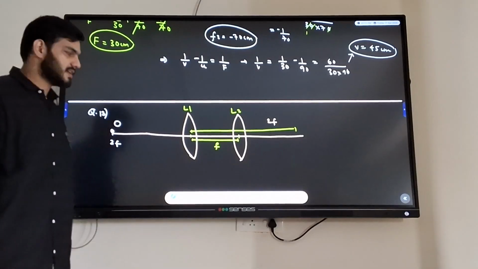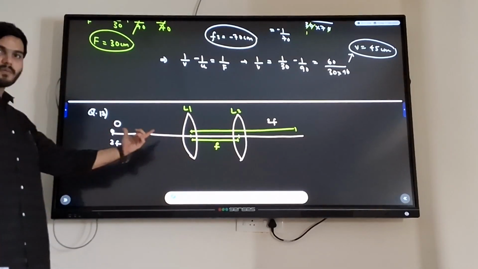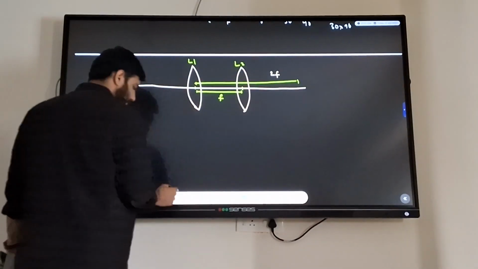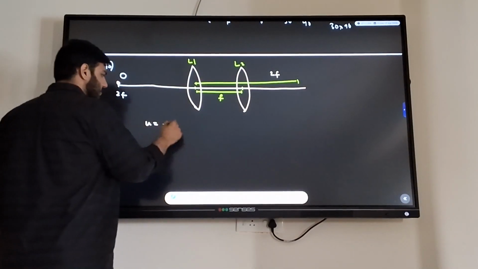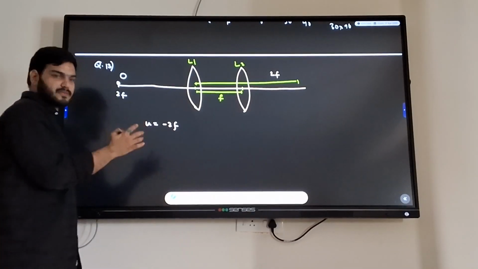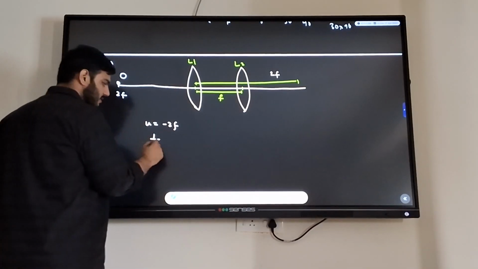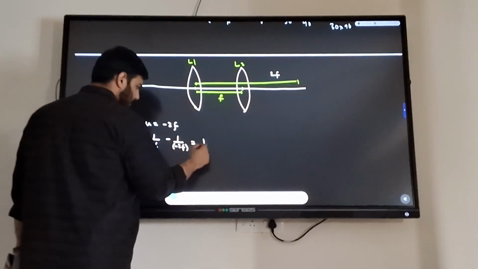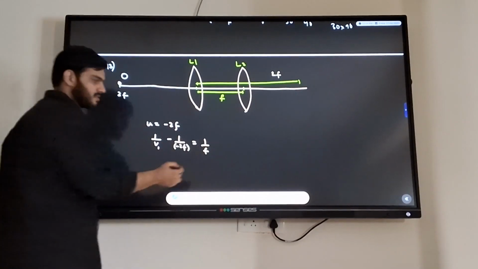Same story every time. What is my object distance for L1? U equal to minus 2F for L1, and F equal to positive F. So what is 1 by V?